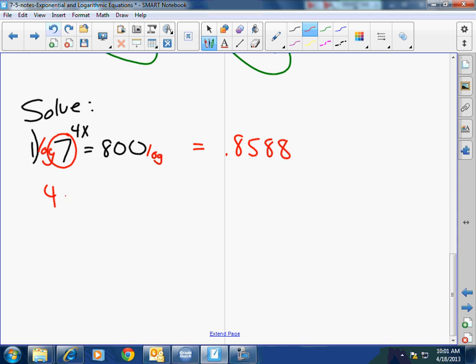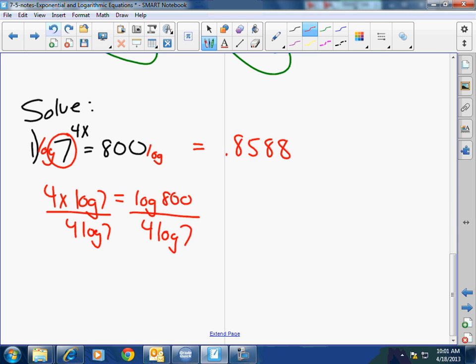So I'm going to have 4x log 7 equals log of 800, divided by 4 log 7. Remember, in your calculator, log of 800 divided by parentheses, 4 times log of 7.